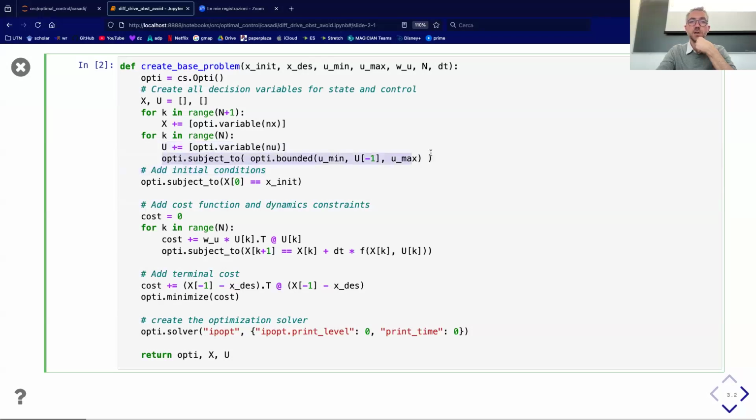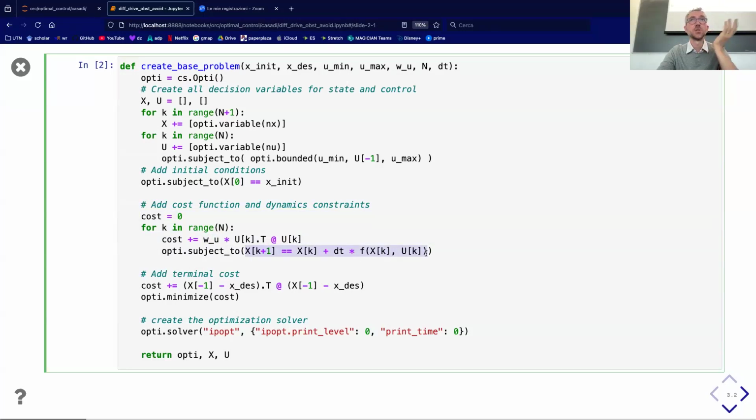The control inputs are bounded, so we specify the bounds umin and umax. We fix the initial state to the given value. And then the running cost is simply the summation of quadratic cost on the control inputs scaled with this weight WU.